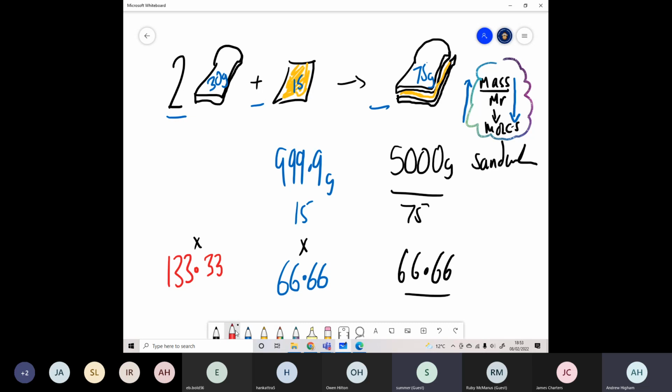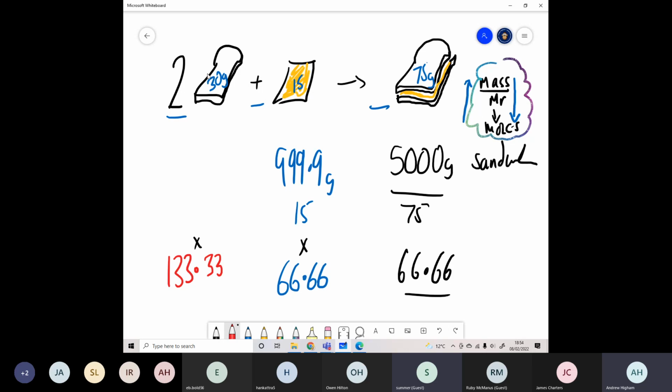And then if we do the same for the other one, 133.33, well, each piece of bread is 30. We've already done our conversion of the 1 to 1 to 2 when we went from 66 to 66 to 133.